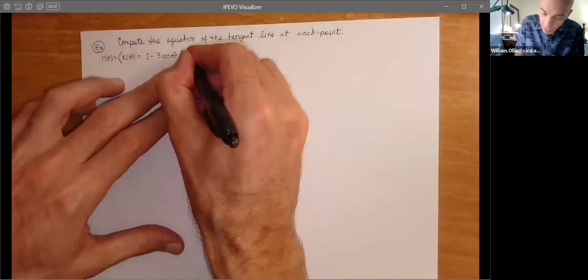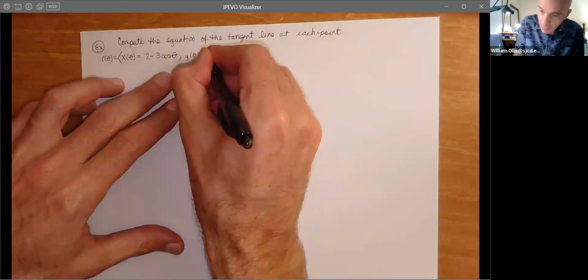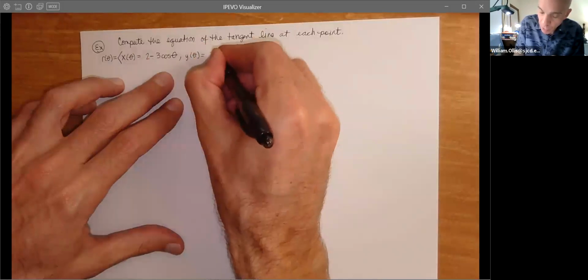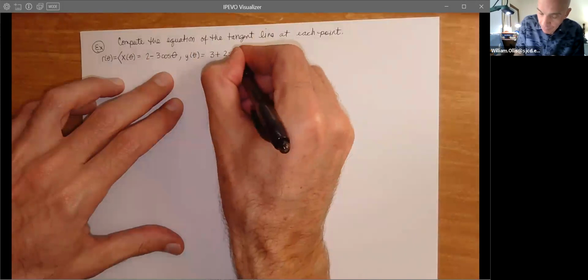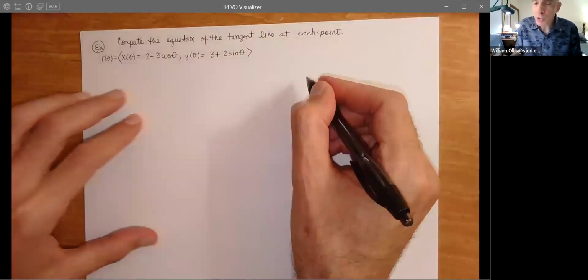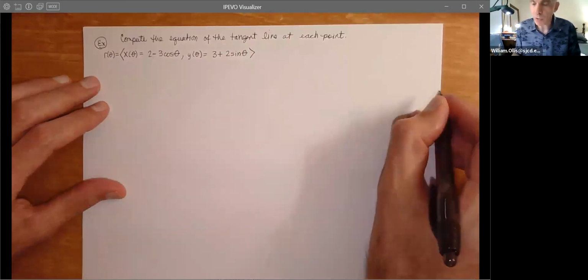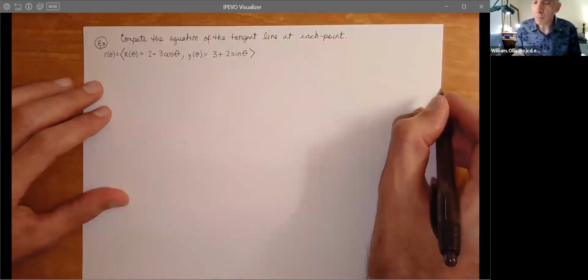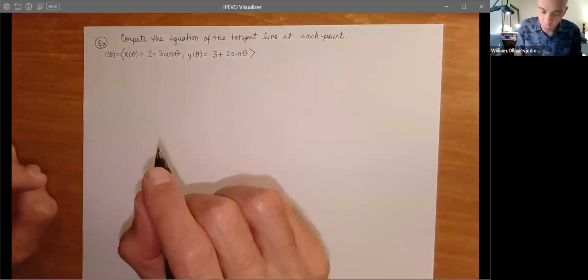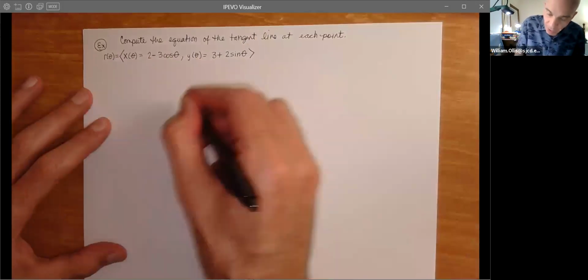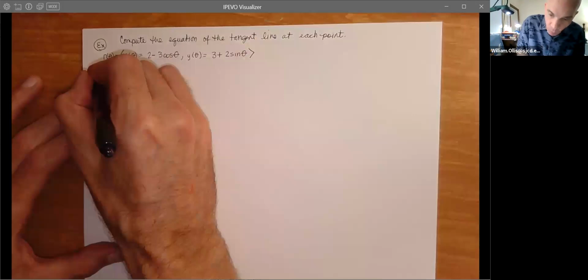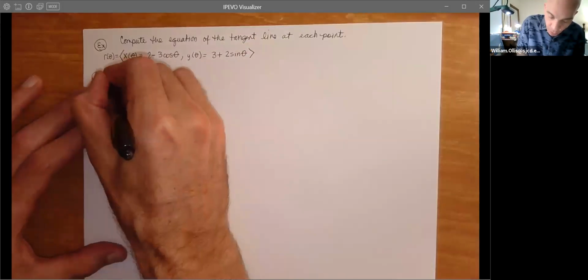And the Y coordinate is going to be 3 plus 2 sine theta. Now, there are no restrictions here, so we have to abide by our own mathematical understanding when we do problems like this. Now, for the first one, we want the tangent line, number 1, we want at the point -1, 3.